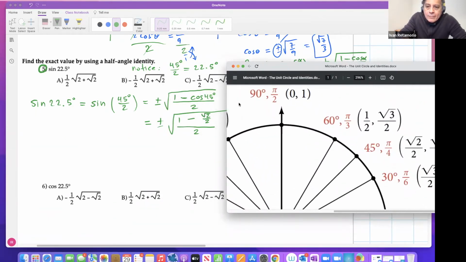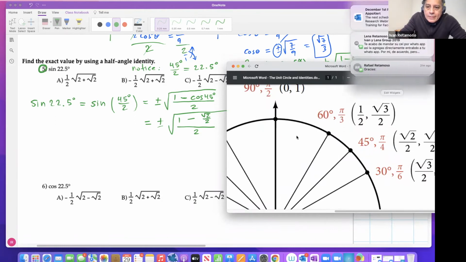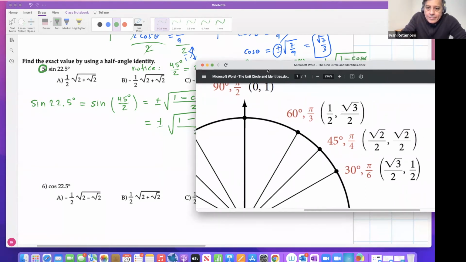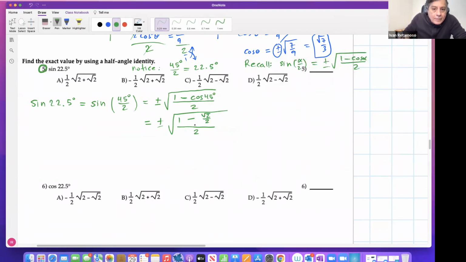You just look at the first coordinate. 45 degrees here is this guy, square root of 2 over 2, cosine here, sine here, right? Very good. That's it.